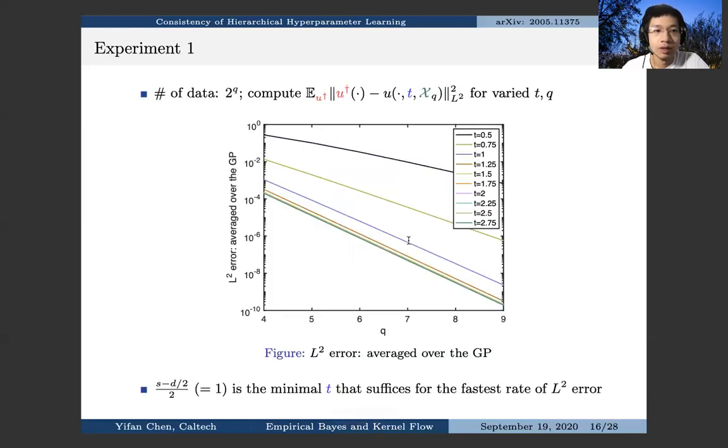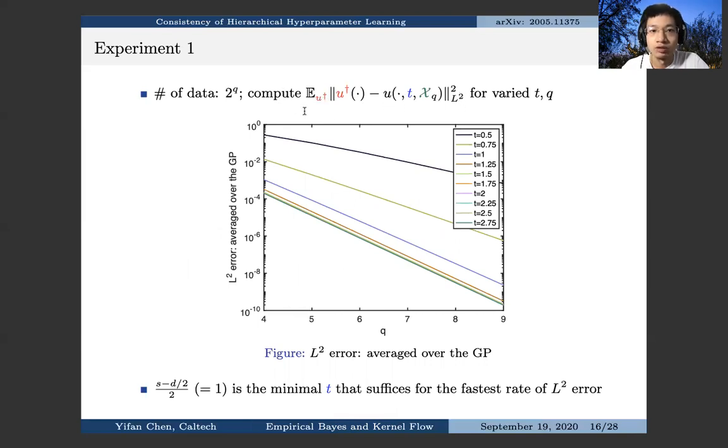In our first experiment, we select the number of data to be 2^q, and we compute the L2 generalization error between the ground truth and the GPR solution. And to make the figure nicer, we average this with respect to the Gaussian process u dagger is drawn from to make this loss function deterministic.